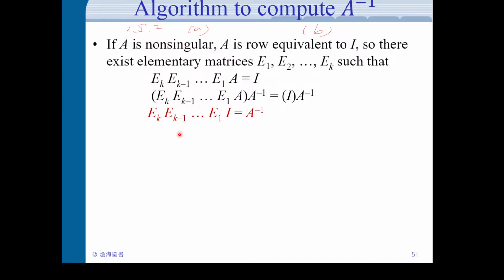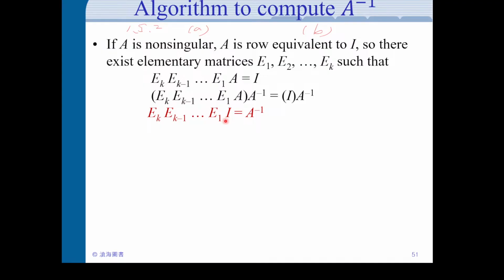So we already know those are A inverse, and we multiply an identity here because we want to interpret this left-hand side as doing row operations on identity. Remember, multiplying an elementary matrix on the identity matrix is applying a row operation on the identity, because any matrix multiplied by an elementary matrix is doing an elementary row operation.